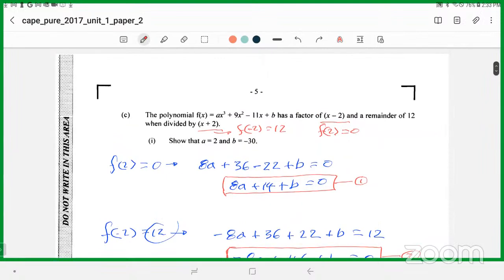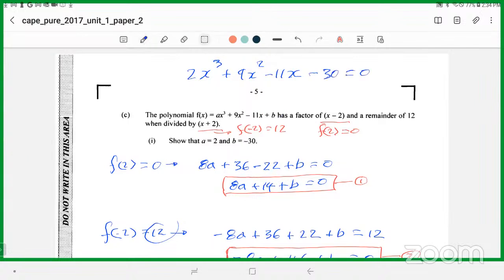So the equation that we're solving will become, the a is 2, write it in blue, 2x cubed, that's from here, plus 9x squared minus 11x, and then the b is negative 30, minus 30, and that equals 0.